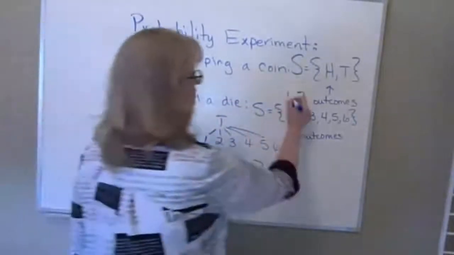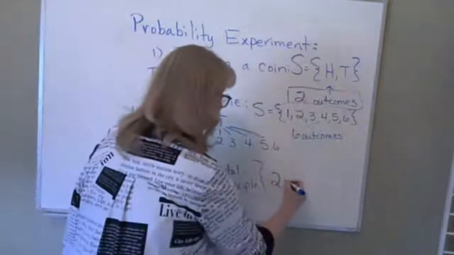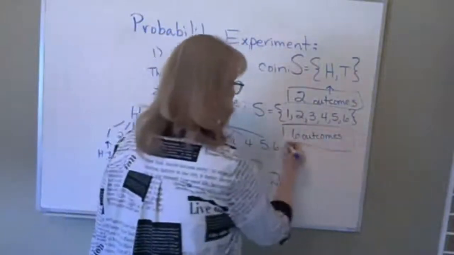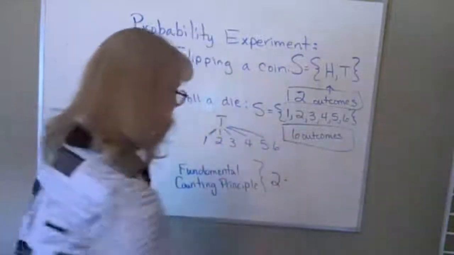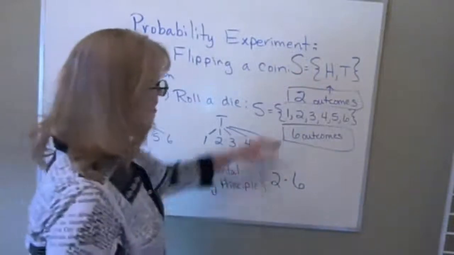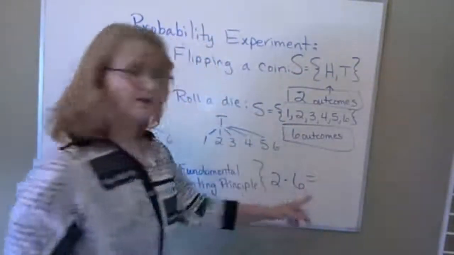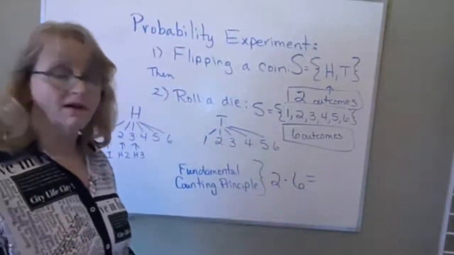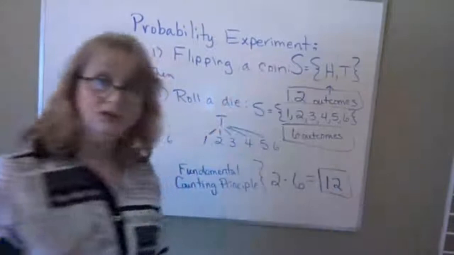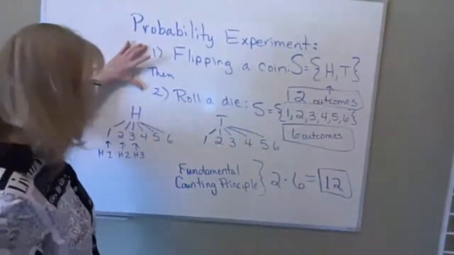All we have to do is take the first event in the sequence, which had 2 possible outcomes, and the second event in the sequence, which had 6 possible outcomes. The fundamental counting principle says that if we multiply the number of outcomes of each event in the sequence of events, that gives us the total number of possible outcomes for the sequence of events.